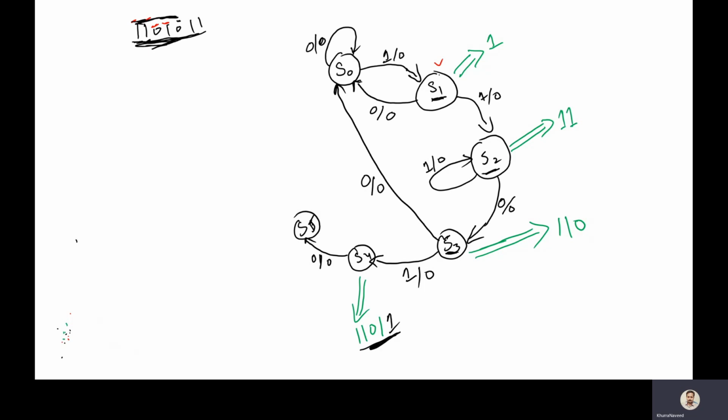So that means we need to go back. If you look closely, these two ones can still be part of this sequence, as you can see here. Instead of going to the reset state from here, why not go back to the S2 state?